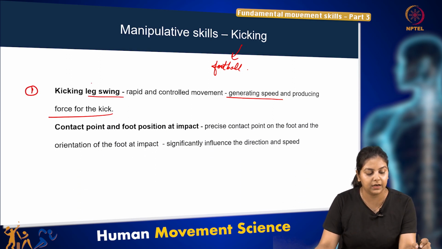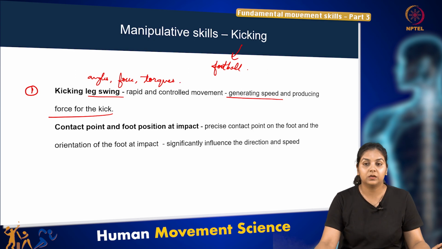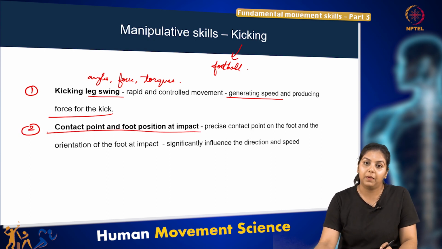The leg swing kinematics would be again your angles, your forces, so your joint forces. You could also have joint torques, right? So those are key variables under the kicking leg swing. You'd also look at the contact point and the foot position at impact, right?